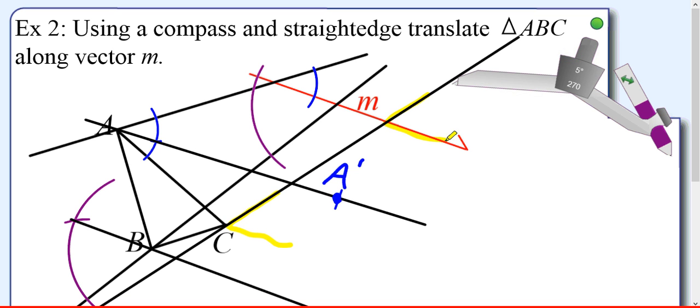We're trying to copy the highlighted angle down here to point C.